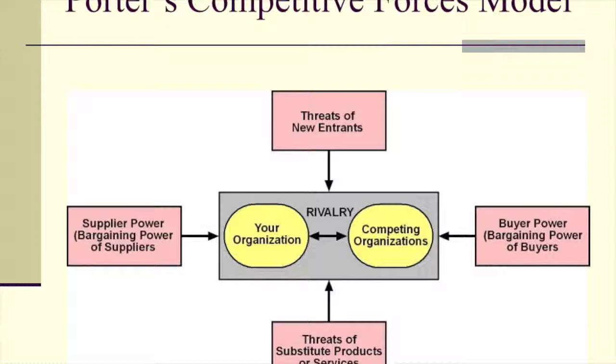Porter's number four talks about the threat of substitute products or services. He says right here, if there are many alternatives to an organization's products or services, the threat is high. I could give a good example of this: there is a company, Dorman, who makes replacement automobile parts. They take the original part and re-engineer it using their own numerical control, however they have to rebuild it, with 3D CAD, and then they sell the part.